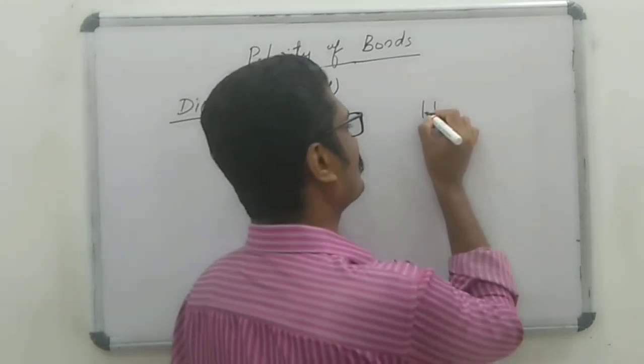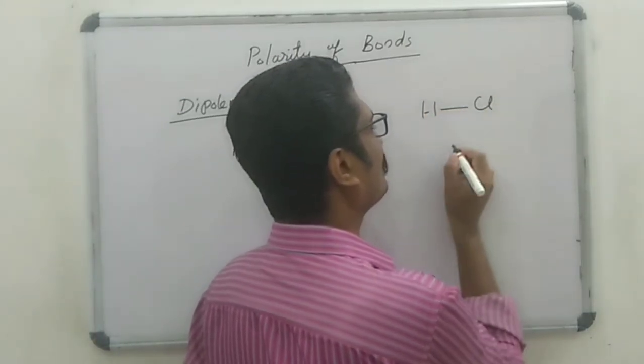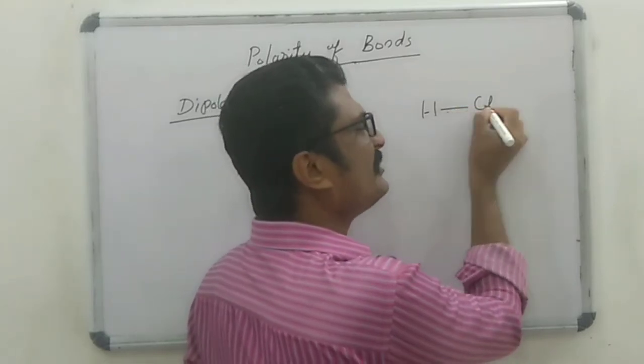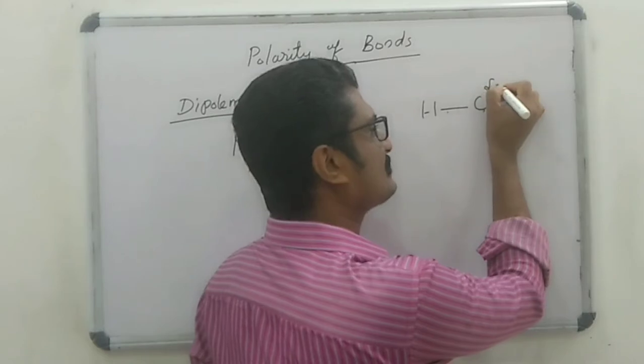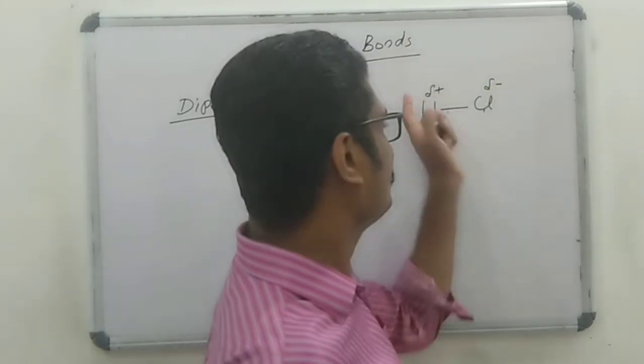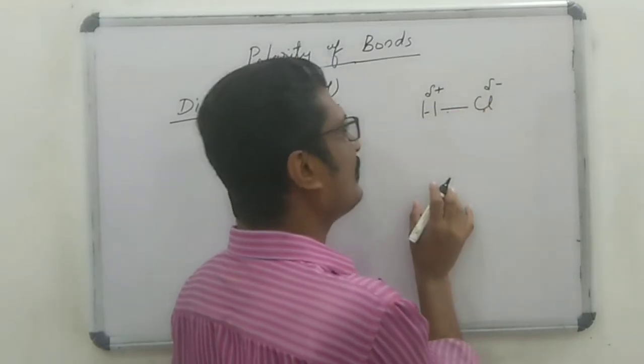For example, in the case of HCl, we already know chlorine is more electronegative, so the bond pair of electrons displaces towards chlorine. Chlorine attains a slight negative charge and hydrogen attains a slight positive charge, delta plus and delta minus.